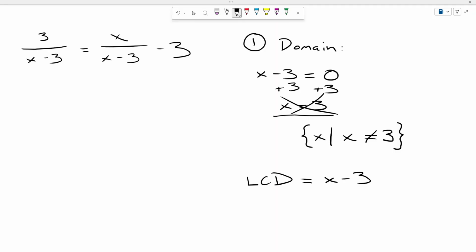Don't let it confuse you just because it's not a standard number. All we're trying to do is use the LCD to clear out the fractions. And when we multiply everything out, our x minus 3 will cancel out with what's in the denominator. So let's see it written out so it's easier to visualize.